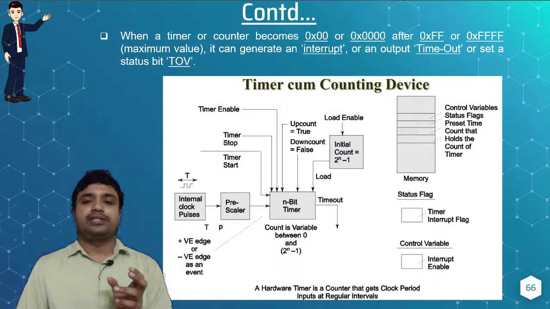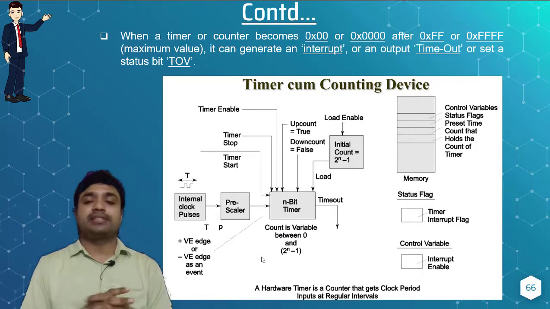Okay, and next is the representation for a timer cum counting device block diagram, and it has different blocks. The first one is the internal clock pulses generation block, and it is fed to a pre-scaler unit, where the clock pulses are scaled, that means the amount of clock intervals needed will be scaled.